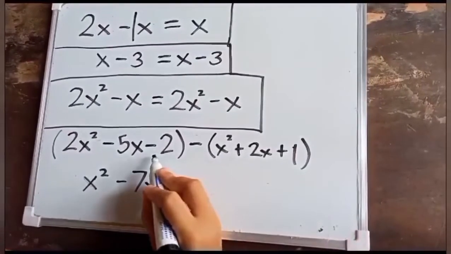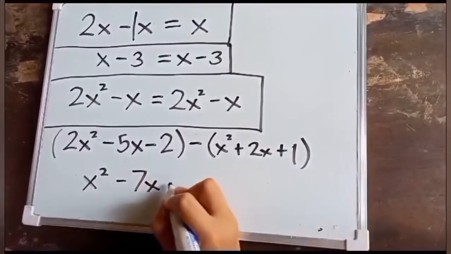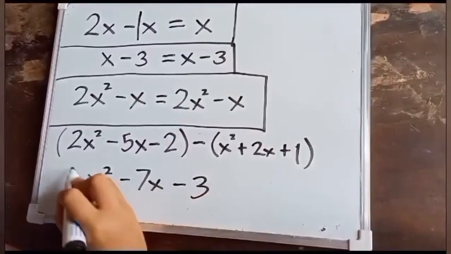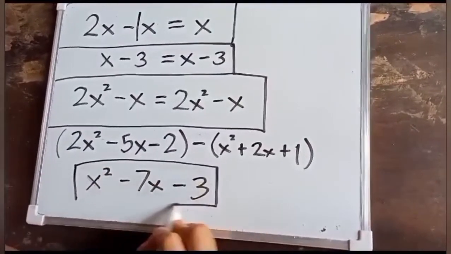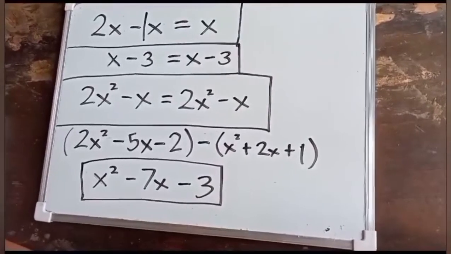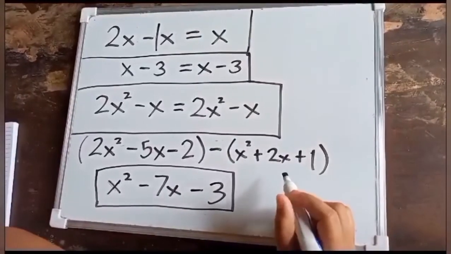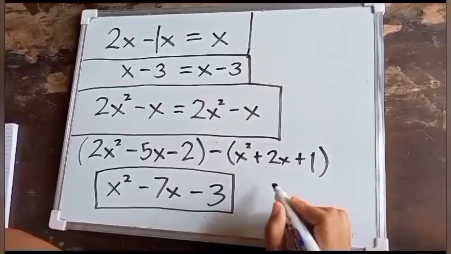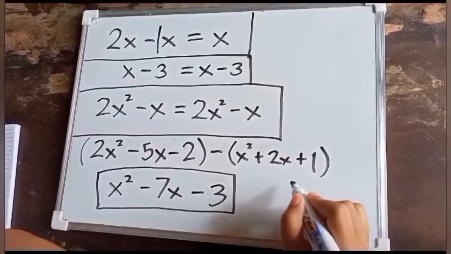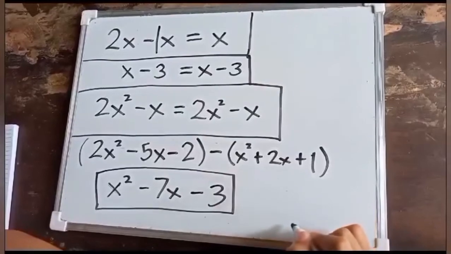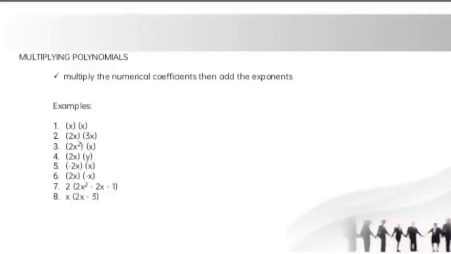Now negative 2 minus 1 will have negative 3. So the answer is x squared minus 7x minus 3. In this example, we apply the rules in adding and subtracting integers, if you remember it from our first discussion. So we're done with adding and subtracting polynomials.